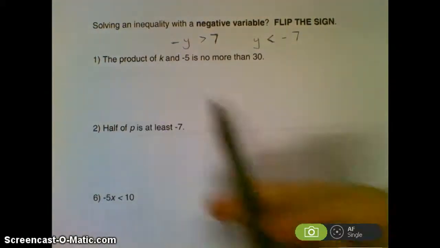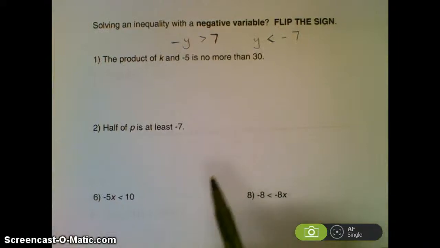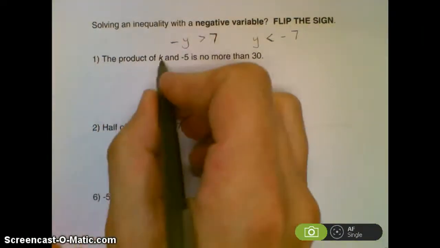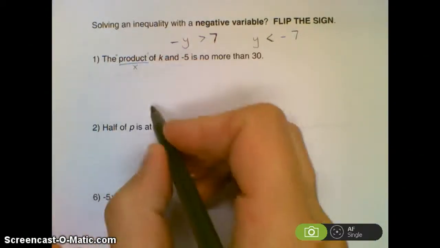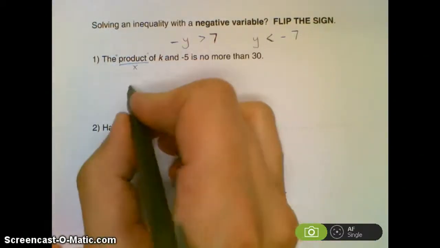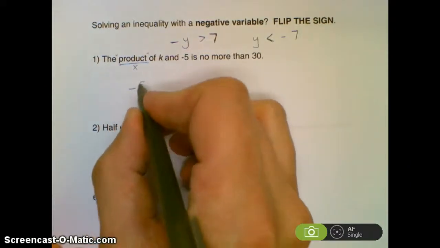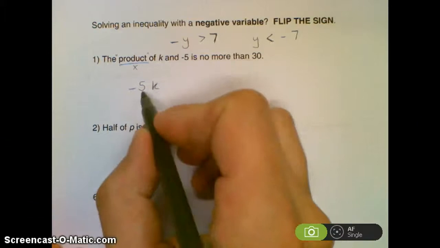Here's number 1. The product of k and negative 5 is no more than 30. So the product of k, so that means I'm multiplying when I see the word product, k and negative 5. So I can write that as k times negative 5, or the way I'd prefer to write it, negative 5 times k. So I've got my coefficient there.